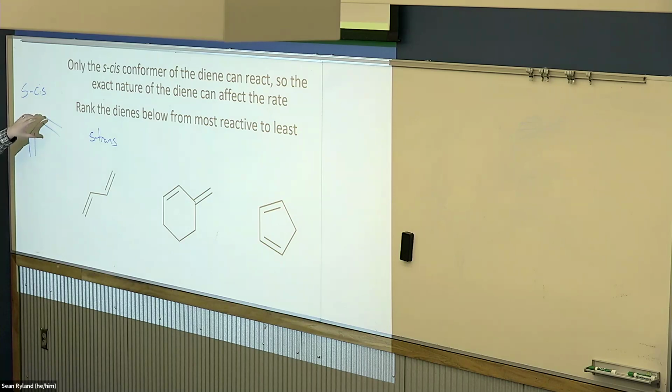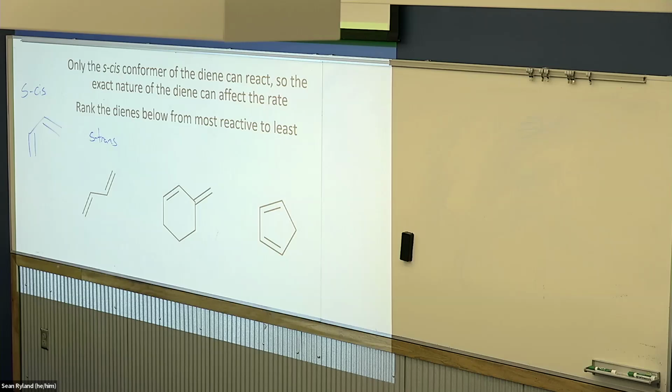And if we're trying to turn 4 of these carbons into a new cyclohexyl group, they have to be pointed in the right direction, they have to be S-cis, not S-trans, or else it won't go through a Diels-Alder reaction.